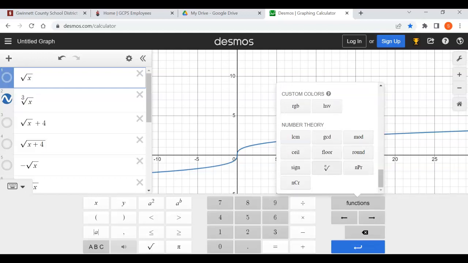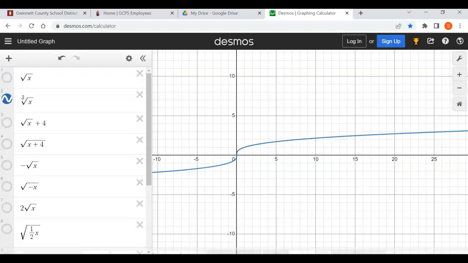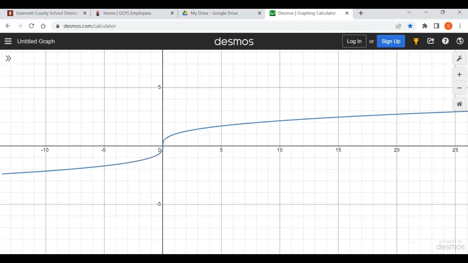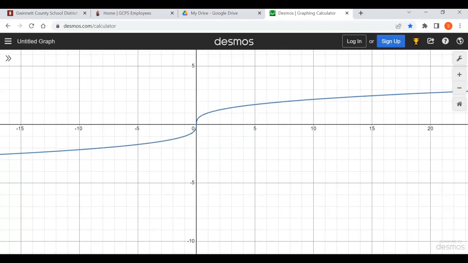Then it's going to let you type in the 3 for your index. So that's how you get to the cubed root. But this is now what the cubed root looks like. It's kind of like our radical half graph, but put together. It's still going in both directions, constantly going up. But notice how that middle point is at (0, 0), with (1, 1) and (-1, -1).